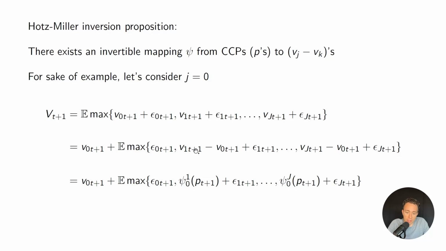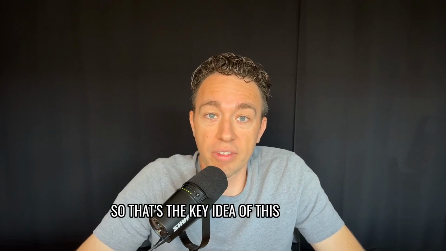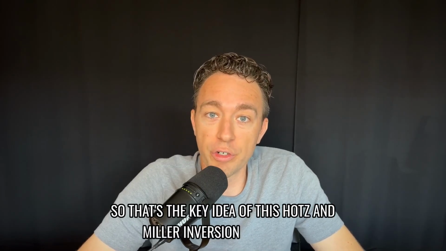So all we're doing here is changing those difference conditional value functions into this psi function, and this is just highlighting that dependence or that equivalence. So according to this proposition that Hotz-Miller proved, this mapping psi works for any distribution of epsilon. It just may not have a closed form for some distributions of epsilon, which we'll get into in a later video. So that's the key idea of this Hotz-Miller inversion approach.